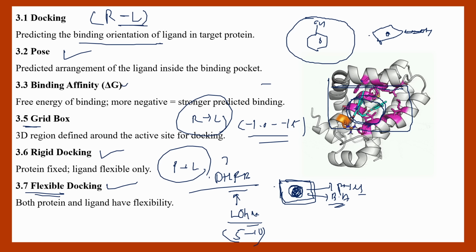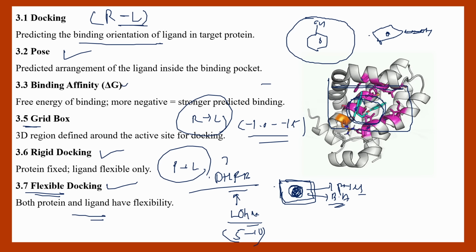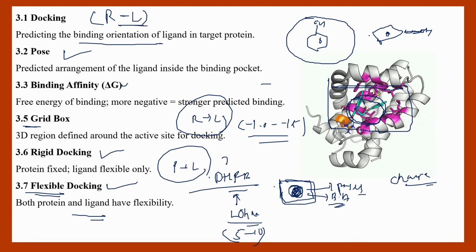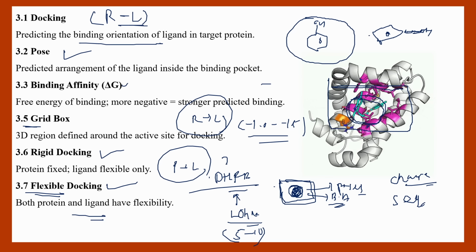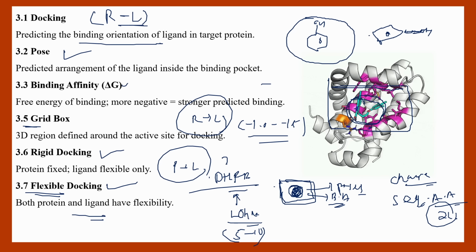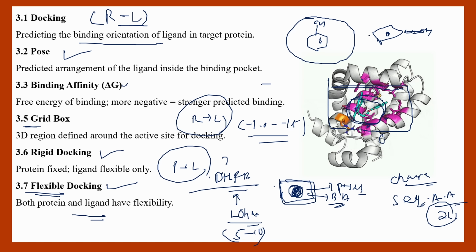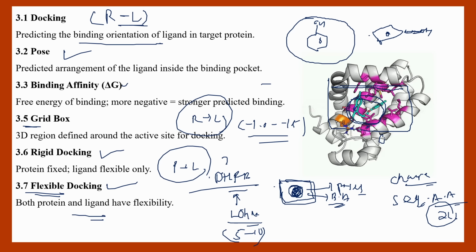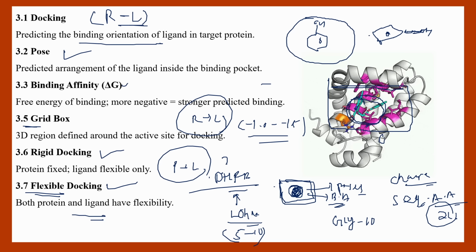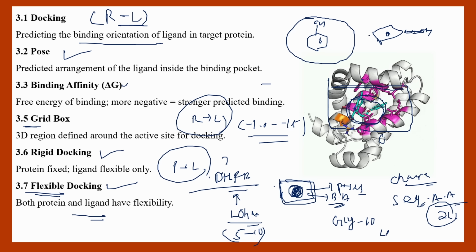In flexible docking, both the ligand and the protein have flexibility, meaning we can change the sequence of amino acids. Basically, we have 21 amino acids in our human body. Let's suppose I change a glycine. In the receptor, let's suppose I have glycine at the 10th position. I change the glycine at the 10th position into leucine.